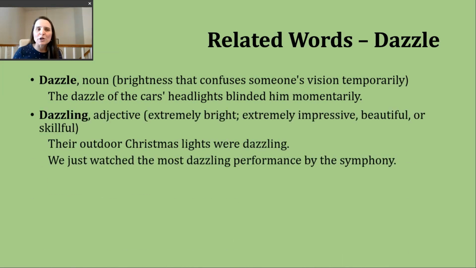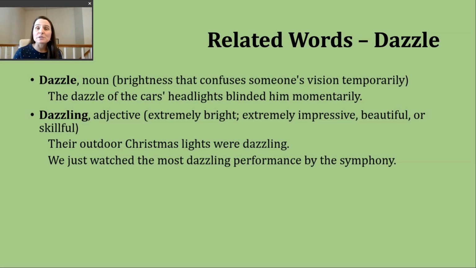Another related word, you might recognize this. This was our progressive form here, our ing, but dazzling can also be an adjective. So it might be referring to something that is extremely bright. So an example of this could be, their outdoor Christmas lights were dazzling, right? So extremely bright.